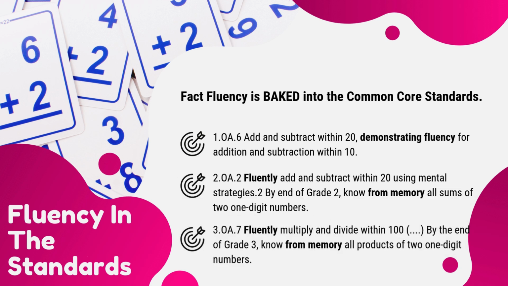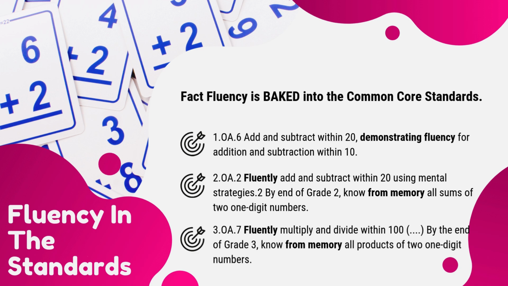In third grade, students need to fluently multiply and divide within 100. And by the end of third grade, they need to know from memory all products of two one-digit numbers. So in third grade, your students are beginning with those strategies to multiply and divide within 100.